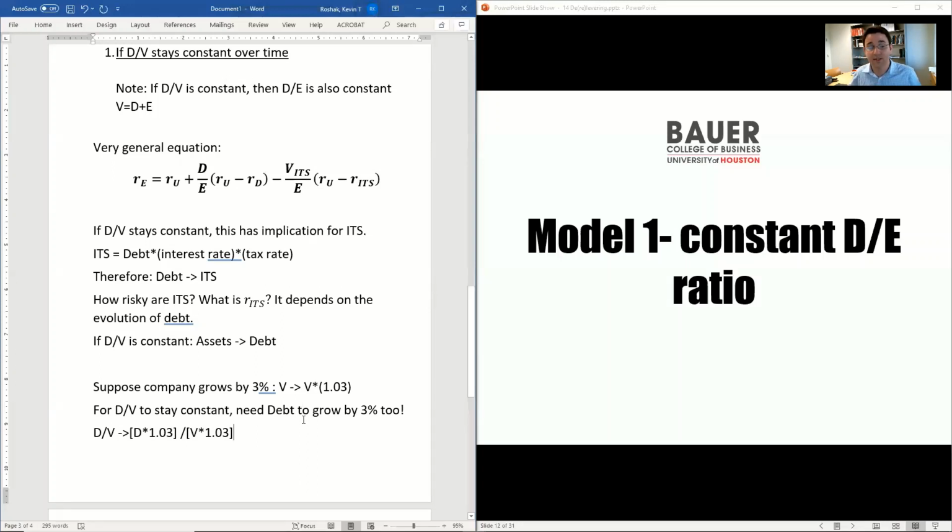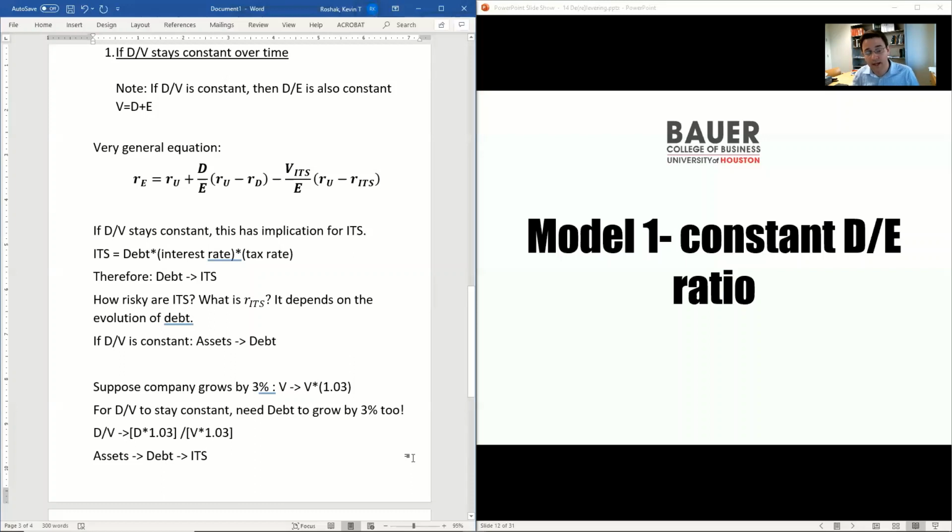So what does this mean for the tax shields? Well, it means that the assets are driving the level of debt, and we know that the debt is driving the tax shields. So the full chain of causation looks like this. We have the assets lead to the level of debt, which leads to the interest tax shields.